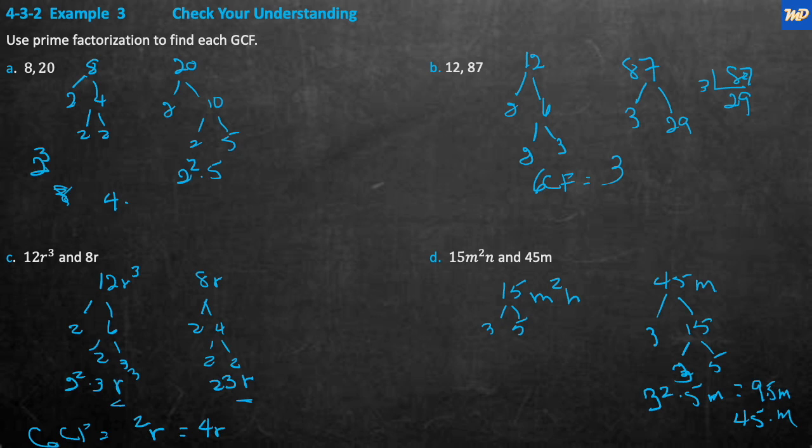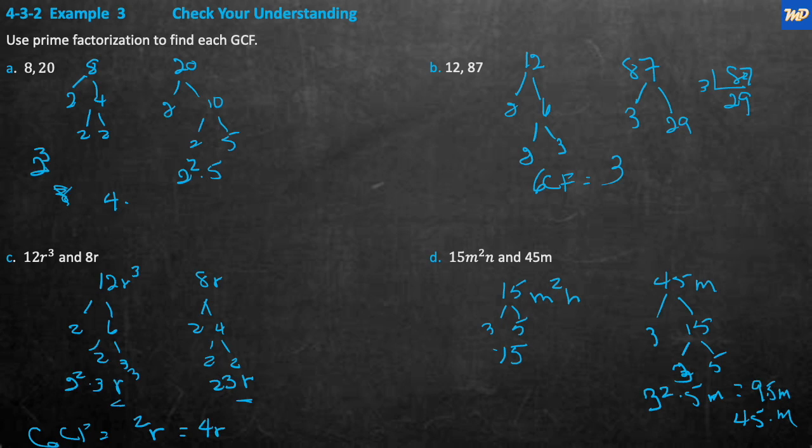So what is common over here? We have 3 squared, we have a single 3. We have a 5, and we have a single 5. So we have a 3 and a 5 on this side, which is 15, and on this side 1, 3, and a 5 is 15.